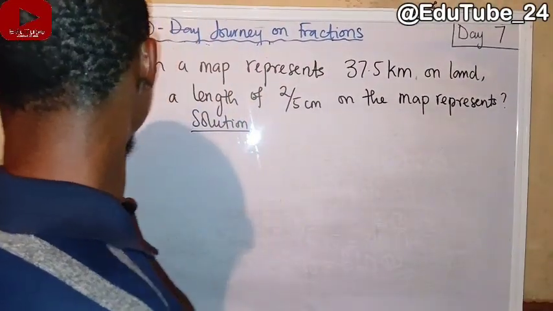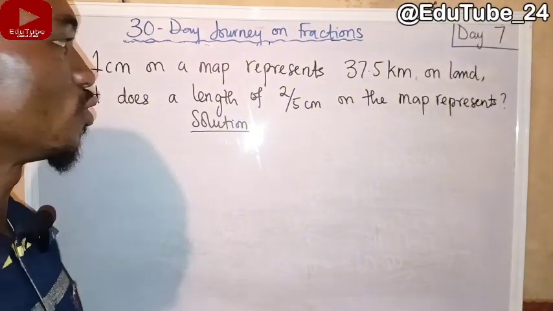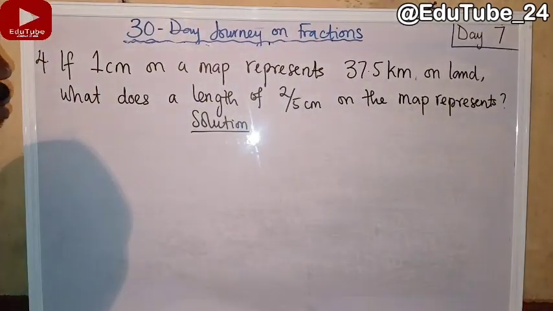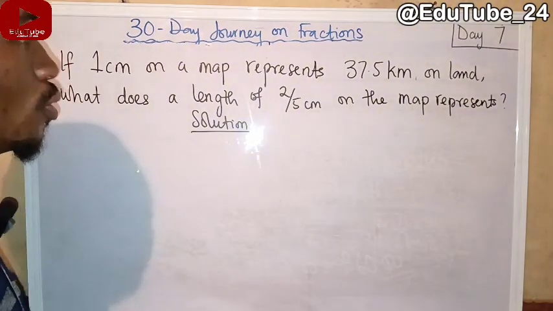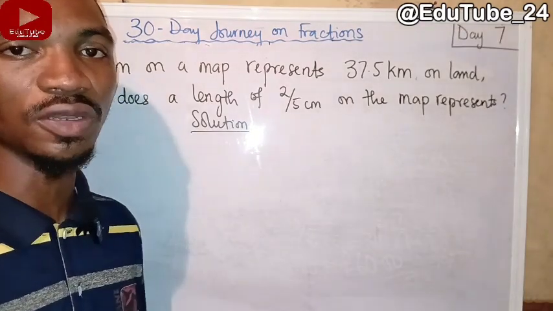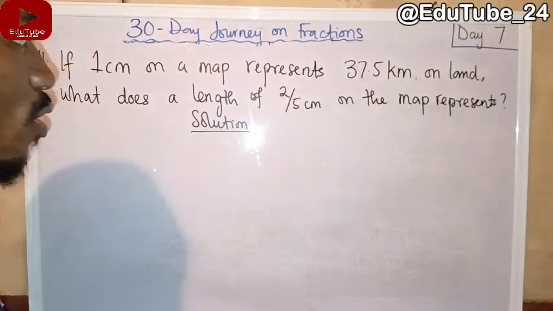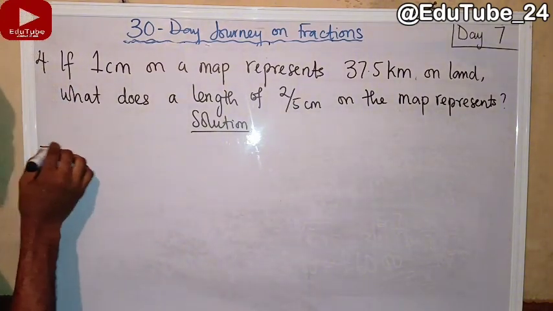Okay, so question number 4 for today is a little bit different from the ones we've been solving so far. This is more or less a question on proportion, which explains that as a part of the quantity is increasing, the variable also increases. So let's delve into the lesson straight away and interpret the question.